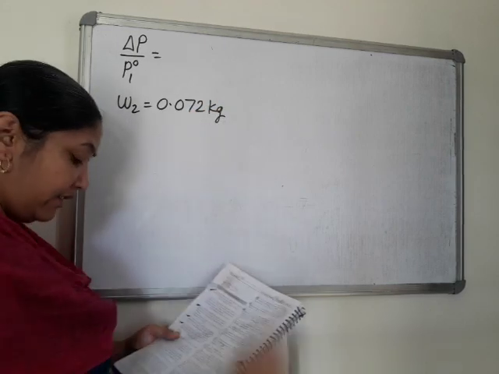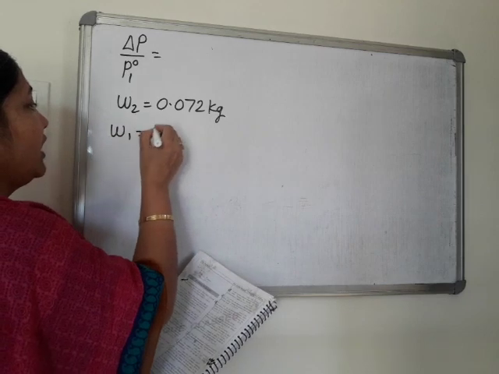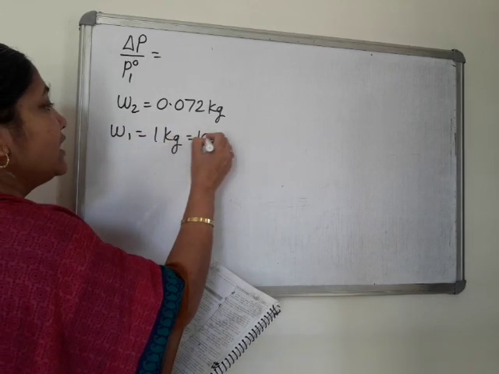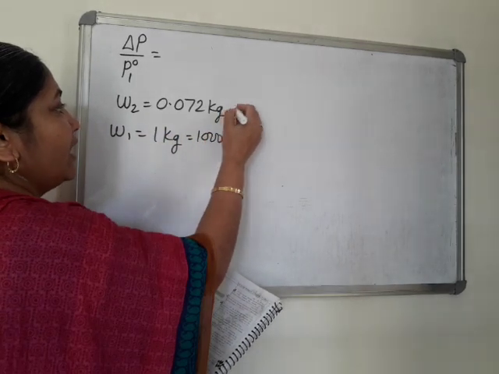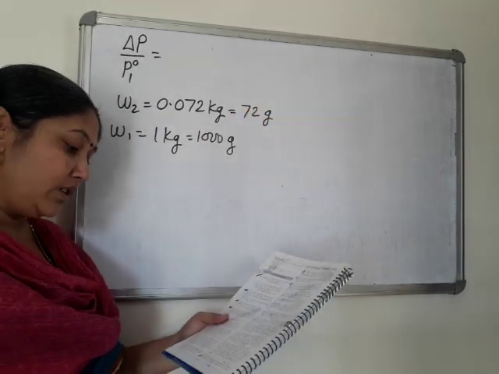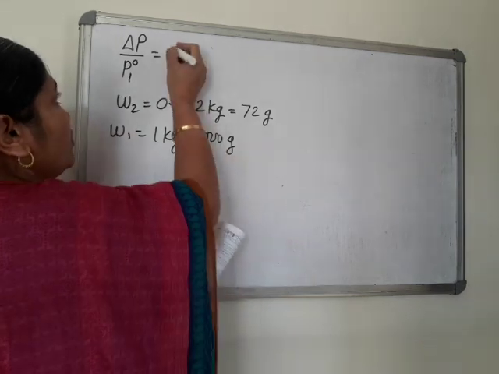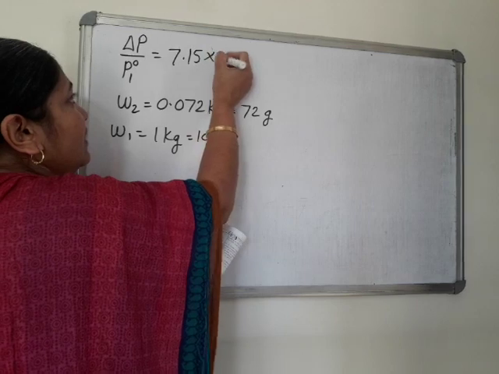They have given in kg. In 1 kg of water means W1 is 1 kg, which is 1000 gram. Convert this into gram, it will be 72 gram. And the relative lowering is 7.15 into 10 raised to minus 3.